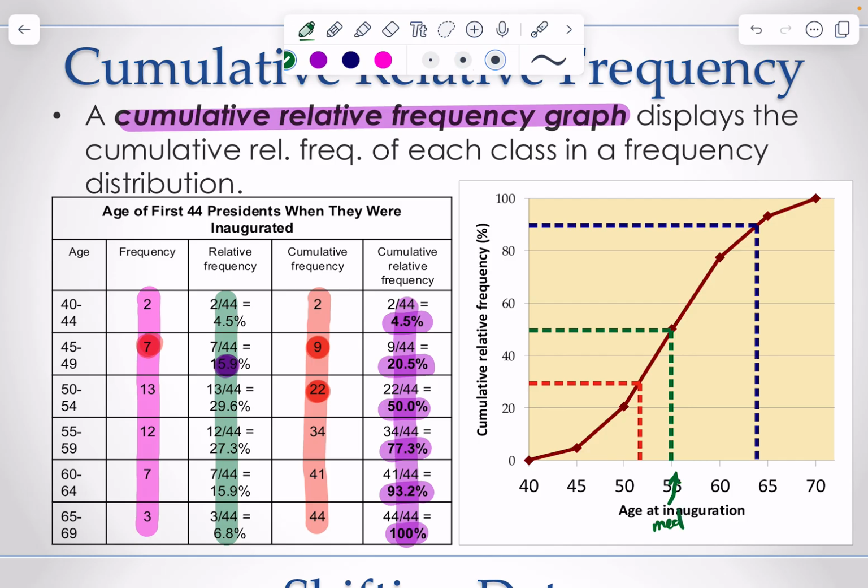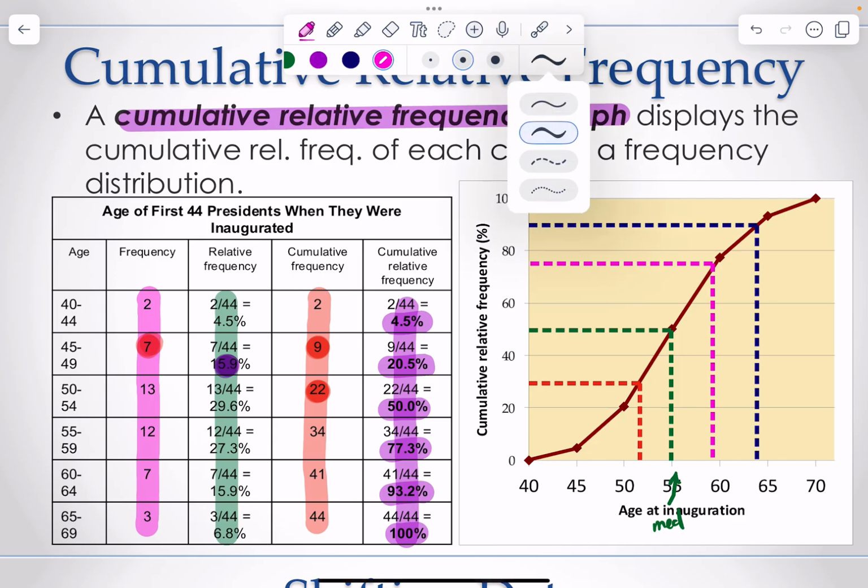Or if I wanted my quartiles, my quartile 3 would be about 75%. So if I go to about 75% on my y-axis and I trace straight across, and then I trace straight down, we'd find that about 59 years of age would represent that quartile 3, that 75th percentile.